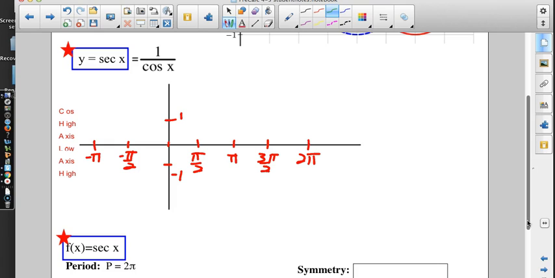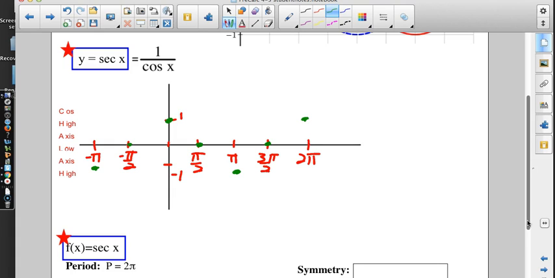So cosine. With cosine, we were supposed to start high, axis, low, axis, and then back to high. Now just do the dots. Don't do any graphing of the actual function yet. So now I'm going to go backwards and put my dots on there.